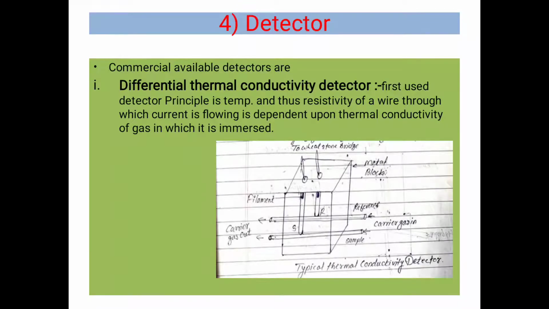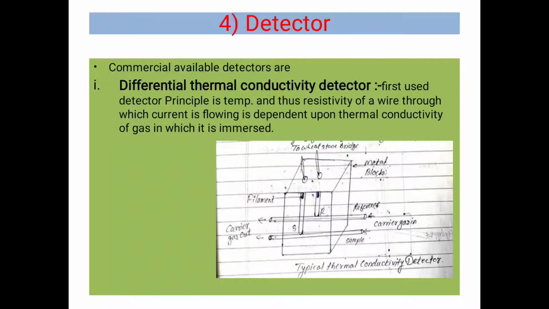So for the carrier gas, the mobile phase, no signal is produced by the detector, and the signal produced is proportional to the amount of eluted component, that means it depends on the concentration of the eluted components.